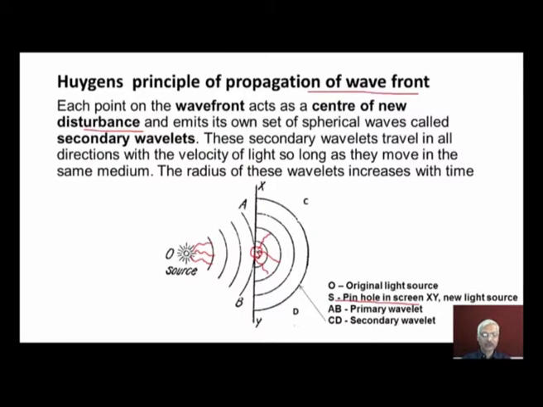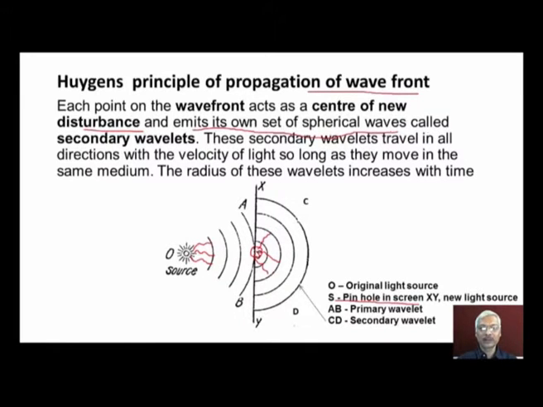Each point on the wavefront, now we consider S on this wavefront AB, each point on the wavefront acts as a center of new disturbance and emits its own set of spherical waves. We can see here S is the new source of light, and we get spherical wavefront with this as center.